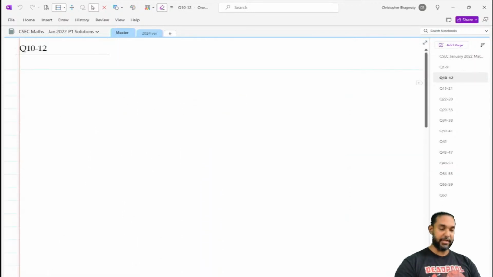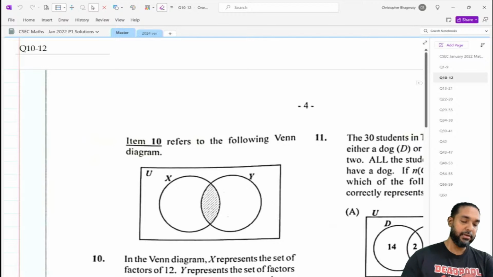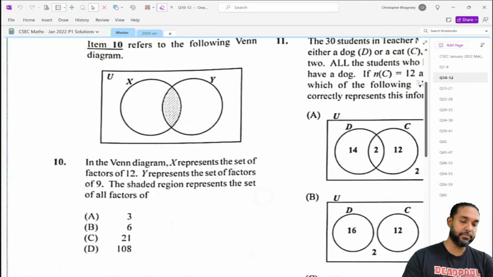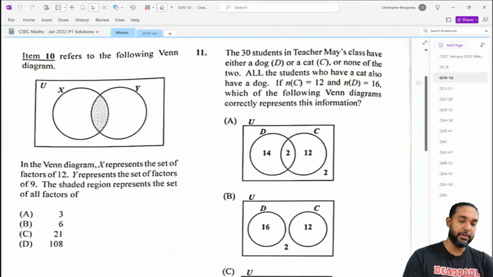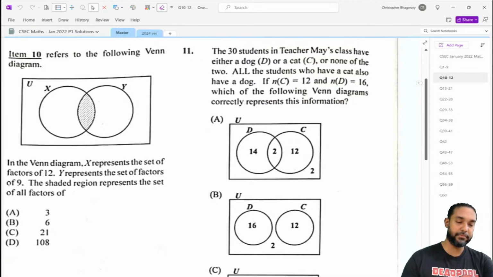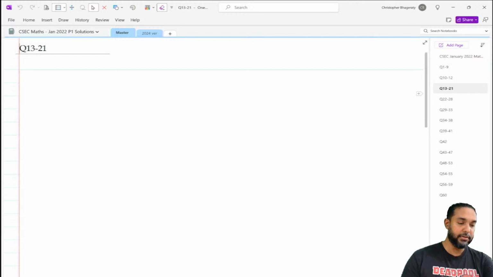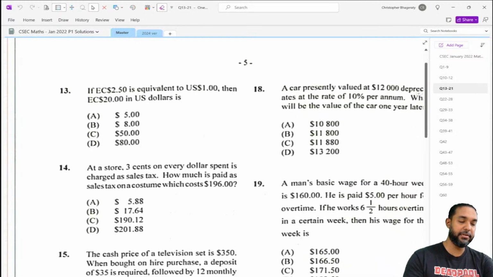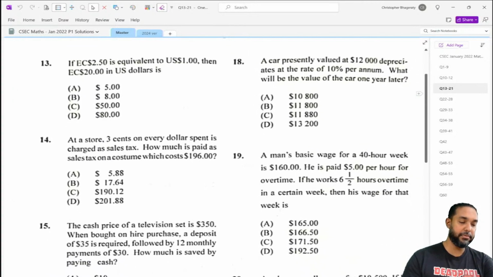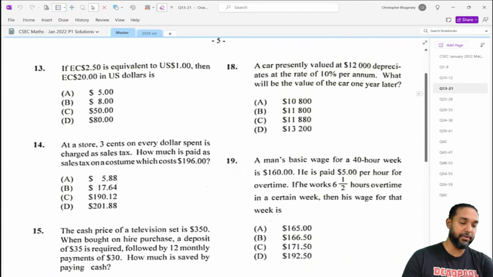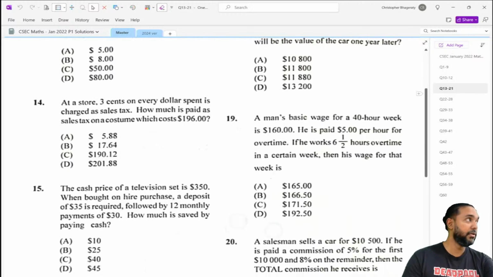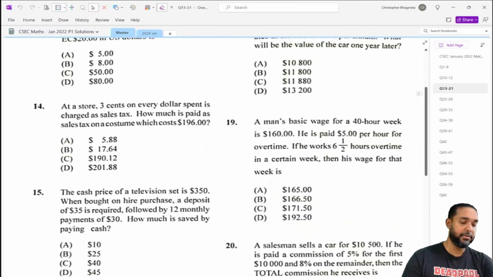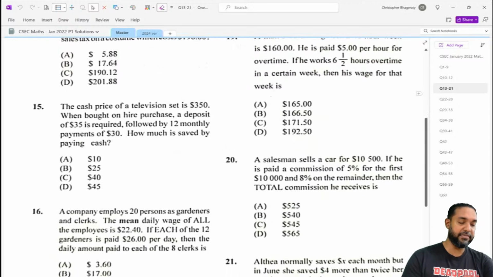We didn't see 9 yet. 9 is interesting. Dogs and cats, boy. Same foreign exchange. You have 20 now, not 25. Cash price of a TV, higher purchase.